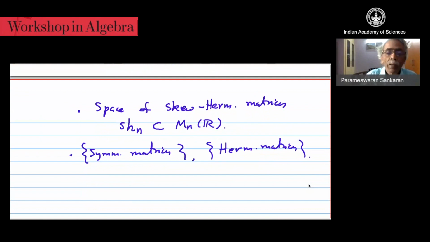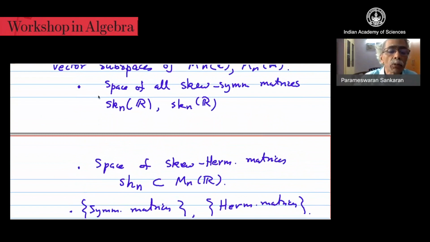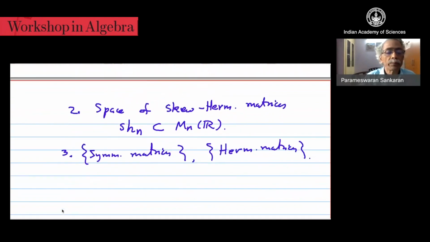All right. So let us take first one. So maybe I should label them 1, 2, and 3. And 3 contains 2 parts. Let's see. So let us take 1. So what is a skew symmetric matrix?